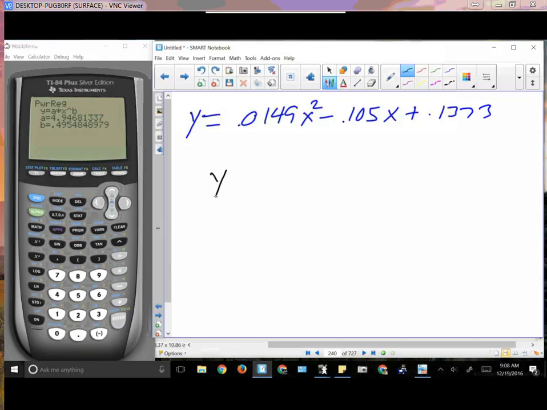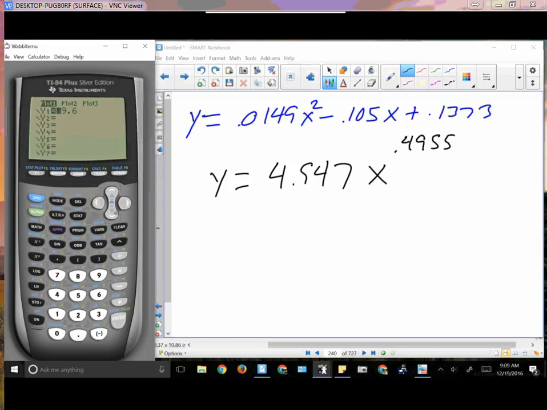So we've got y is equal to 4.947 x to the 0.49555. So y equals 4.947 x to the 0.4955. Okay.